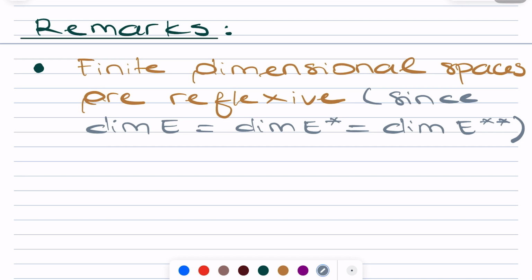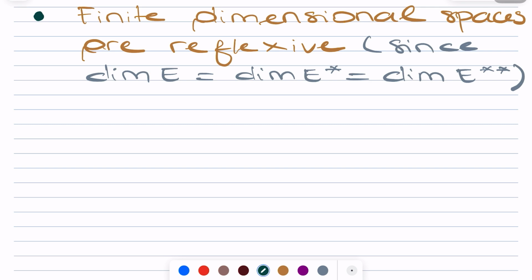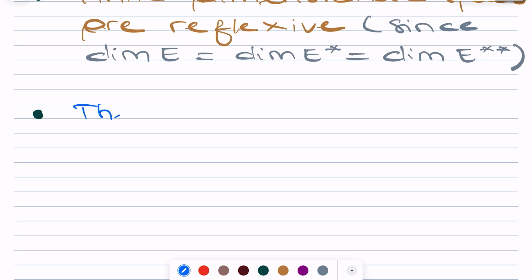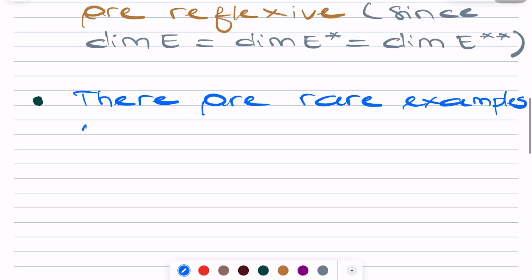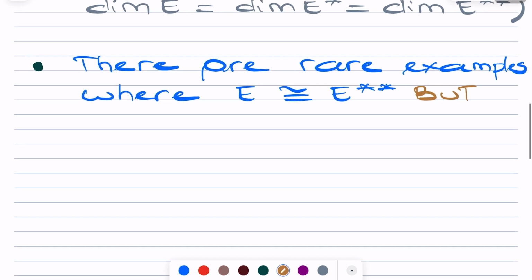Okay, so the second remark is that the very rare example, right? The rare example where E is isometrically isomorphic to the bidual, right? But the canonical embedding is not surjective.